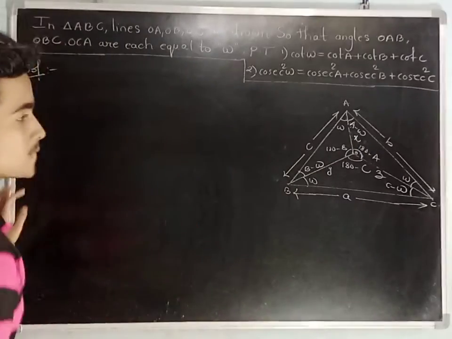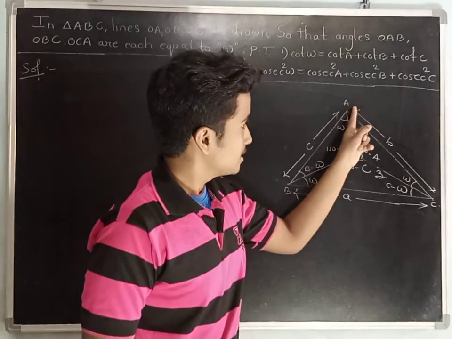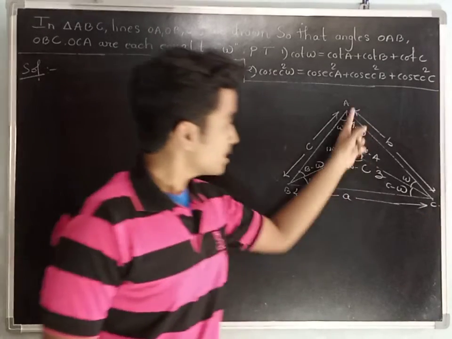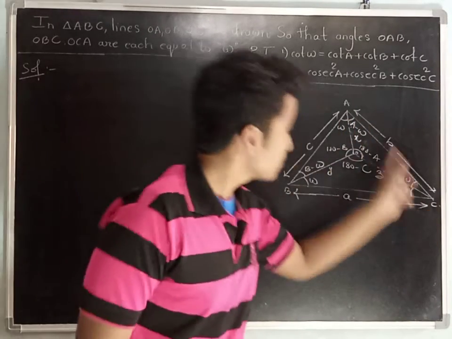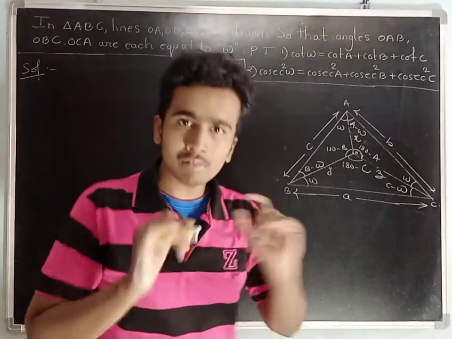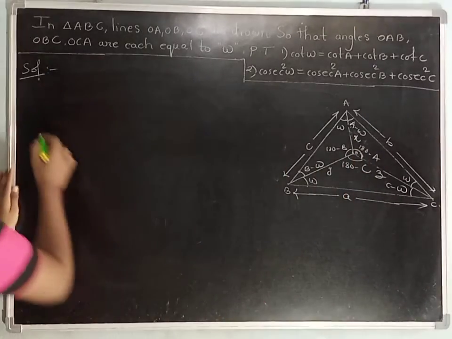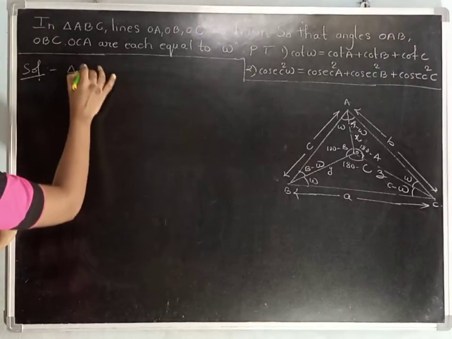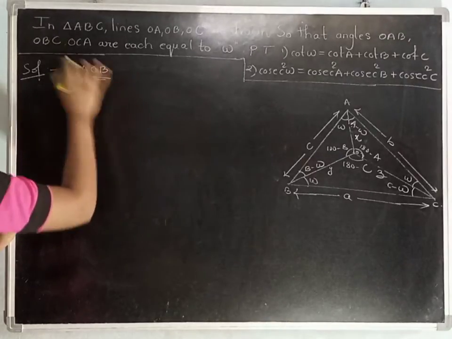Okay. Here we have three triangles. That is AOB, AOC, and BOC. Here we have three triangles, right? In triangle AOB, let me consider this triangle.